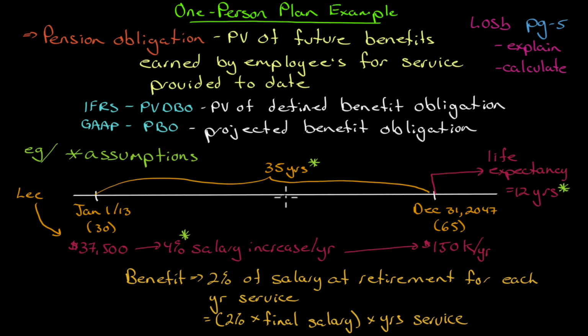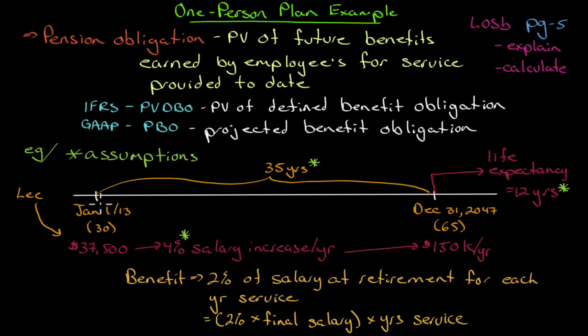Lee plans to stay with the company for 35 years and retire on December 31st, 2047 at the age of 65. Lee expects, and the company expects, about a 4% salary increase every year, so that in the final year, Lee will be making $150,000 per year.